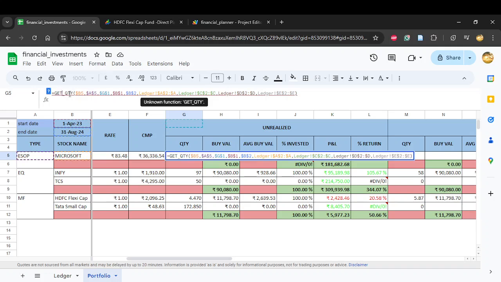This is not an inbuilt Google Sheet formula. It is something that we have written in our financial planner Google App Script code. So in the next video, we will see the implementation of the code, but this is just to get you started. So you're getting the different quantities for each of these stocks.